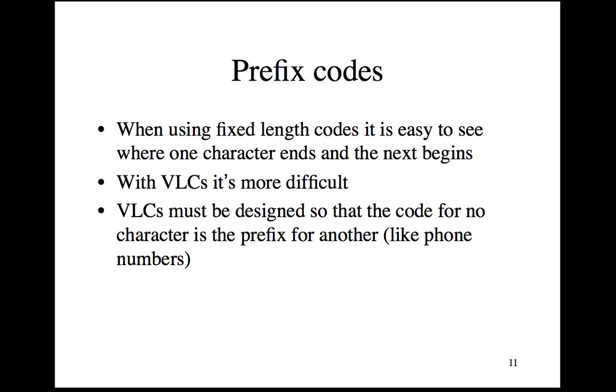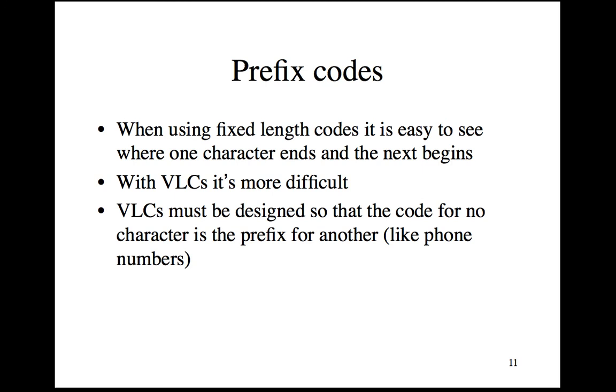One of the problems with variable length codes is this prefix problem. When everything is 8 bits long, you know where one character starts and another one ends. So you've got 8 bits coming in, that's the first character, okay? Another 8 bits come in, that's the next character. Another 8 bits comes in, that's the next character.